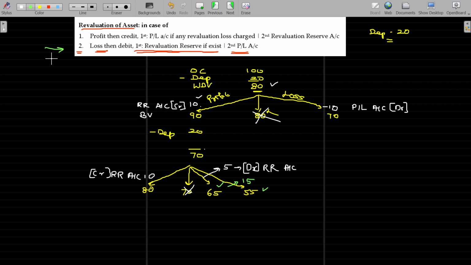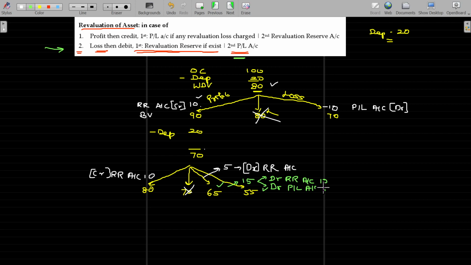Now, how much of revaluation reserve is available for this asset for the time being? Only 10. So, out of 15 rupees loss, debit revaluation reserve account to the extent of 10 rupees. Still there is an extra loss, then the loss will now be adjusted in the profit and loss account. So, the balance will be debited to the profit and loss account.